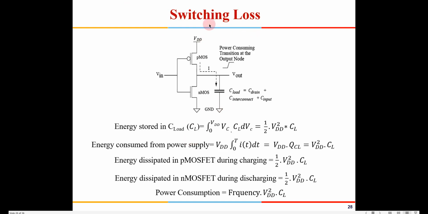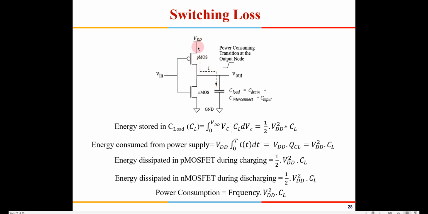Now the third and most important loss here is known as switching loss. Suppose initially the output node is 0 and the input is high, and now the input is switching from 1 to 0. The moment it has switched from 1 to 0, the output capacitor needs to be charged to 1 through this PMOS.